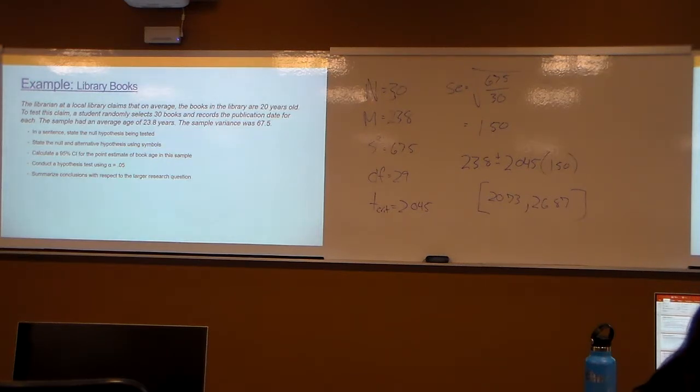And our library maybe had like 200 books in it or something like that, right? From that standpoint, this would start to screw with this, right? Because this is assuming basically a very, very large population. 30 as a percentage of infinity is really small. 30 as a percentage of 200 is quite big, and so I would start to adjust my interpretations of this quite a bit.